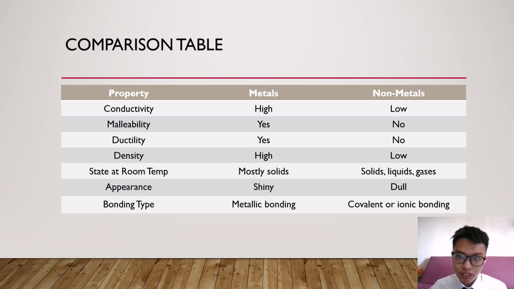And for density, you can see in the table the values for metals are higher than for non-metals, so metals are better for making electricity conductors.